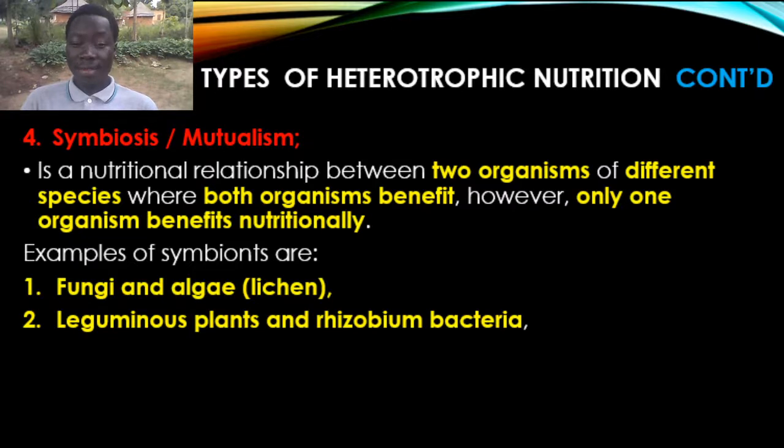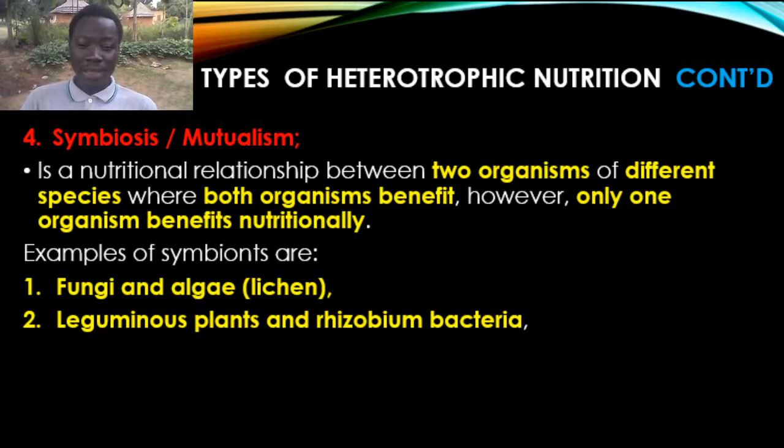They benefit in that relationship in a way that the algae is able to obtain some carbon dioxide and other things from the fungi, but also obtains the water which is absorbed by these fungi, because fungi have some areas where water can collect.